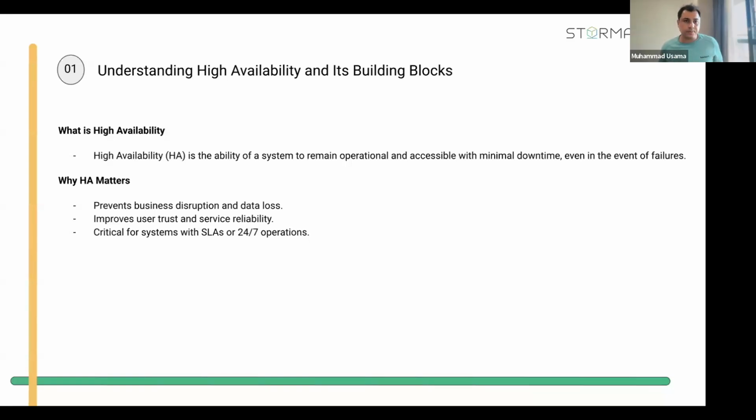Okay, before diving any deeper, let's start with the basic building blocks of high availability and why we need it. I think that's pretty much understood, but just for the sake of this topic, consider you're hosting a website, a service, or an application, and you want it to run 24/7 or for any set amount of time.